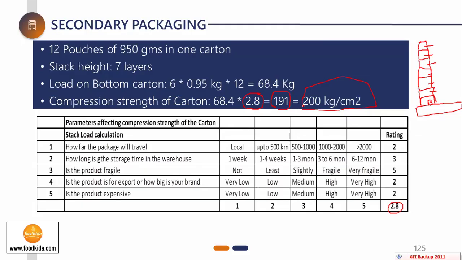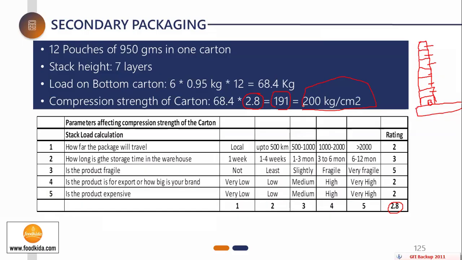So here I have a question. To get the 200 kg per centimeter square, which paper gives that compression strength? Basically it is SBS, and I think your supplier knows very well which paper he will procure. It's not only the paper; it is also the number of layers and the flute size.